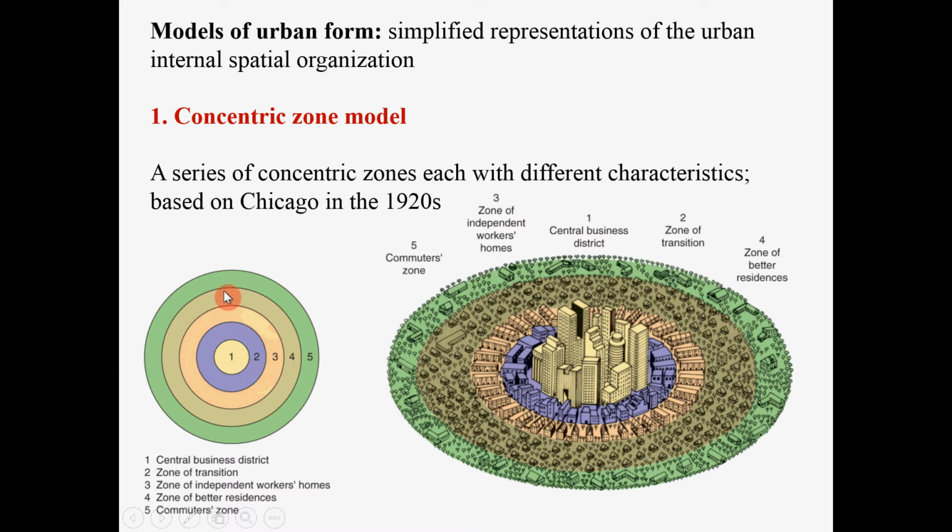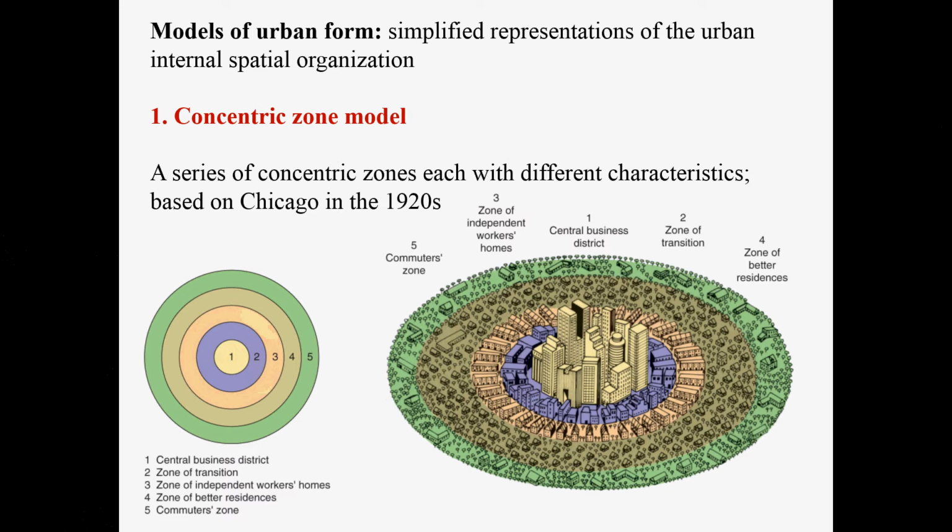Each ring is occupied by different socioeconomic groups. For example, the third ring is the so-called zone of independent workers' homes. Then the next one is the zone of better residence, and beyond that the last zone, number five, is the commuters zone. You can really see that a different zone is occupied by different socioeconomic groups.